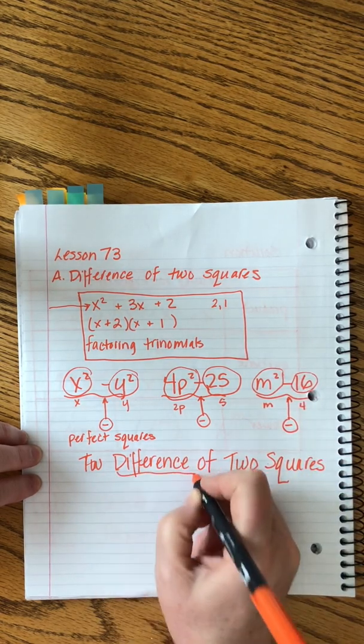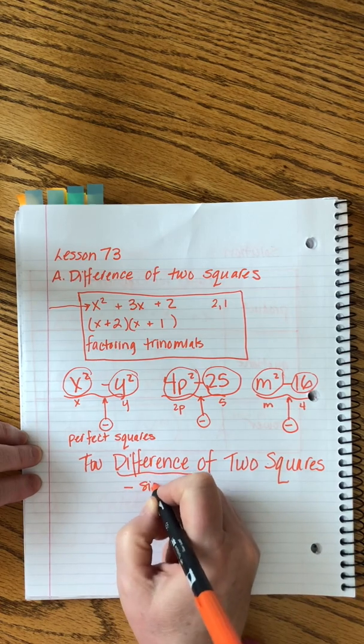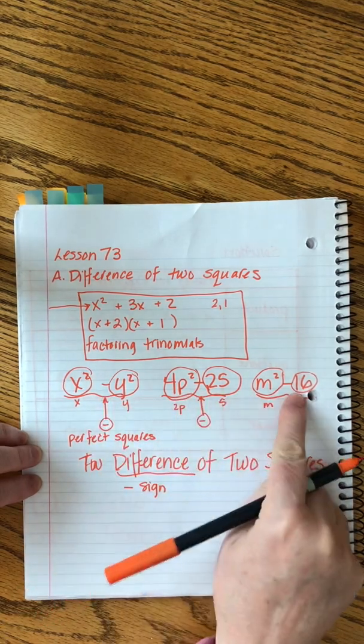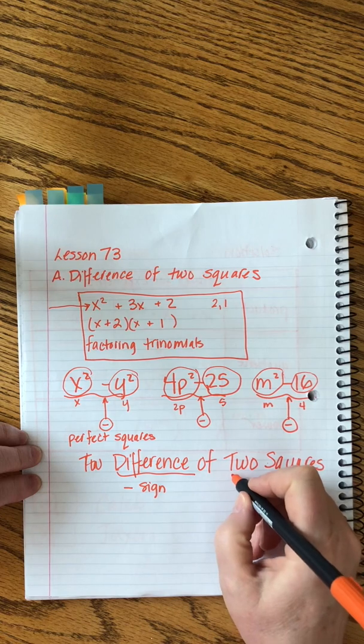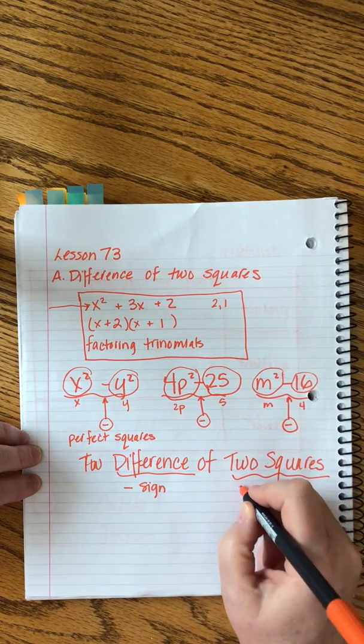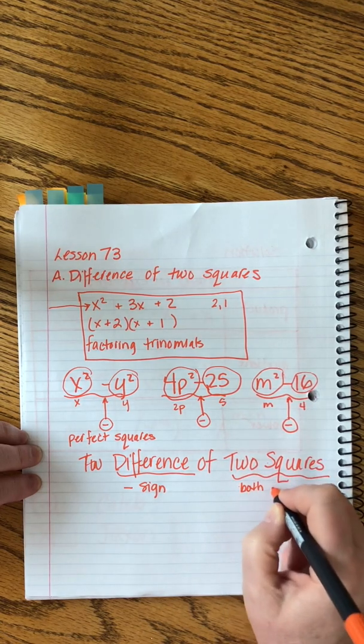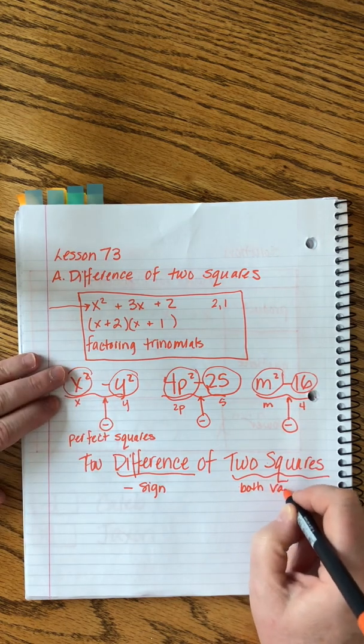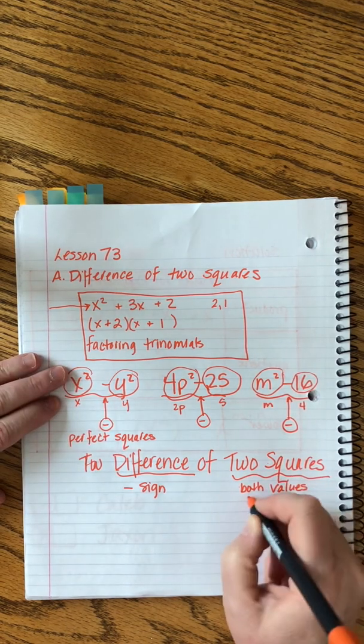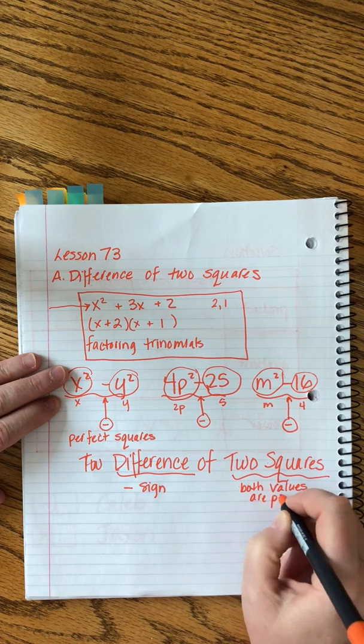The word difference relates to the minus sign that's in between them. The two squares relates to the fact that both values, whether they're letters or numbers, are perfect squares.